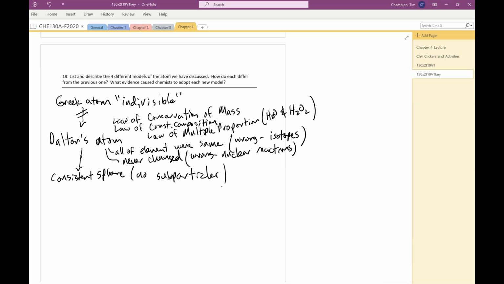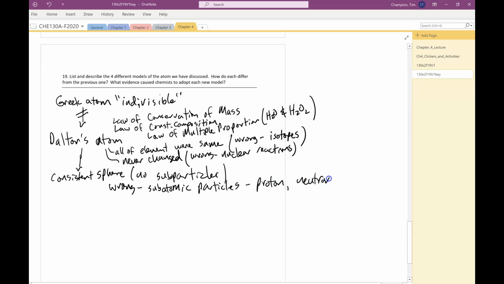It was the smallest particle around, and obviously that's wrong. There are subatomic particles, the most important of which are the proton, the neutron, and the electron, which were discovered in a variety of experiments in the late 1800s and the early 1900s.